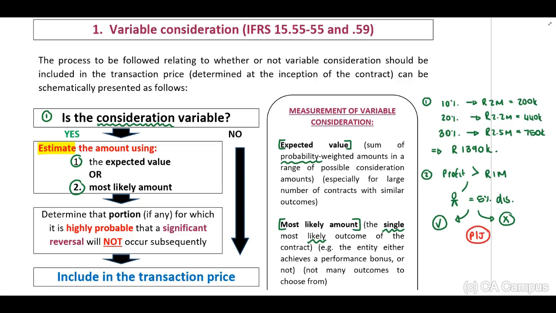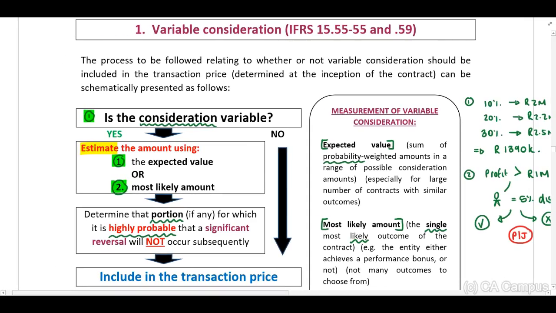Now, we are still busy with our first question. Is the consideration variable? If the answer is yes, you need to estimate the amount. Next question. You need to determine that portion, if any, for which it is highly probable. Now, let's just quickly talk about this highly probable.